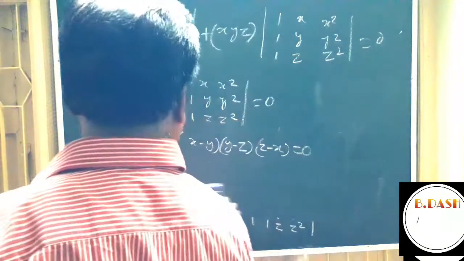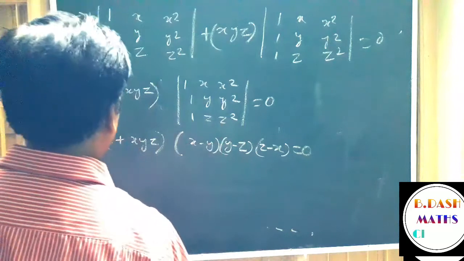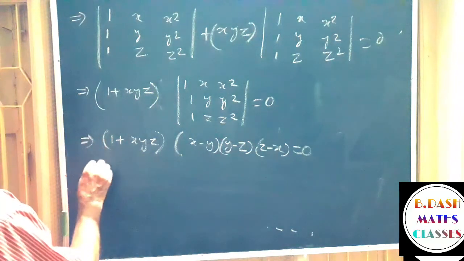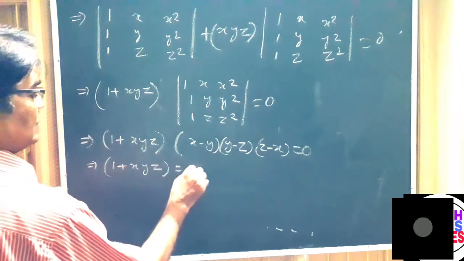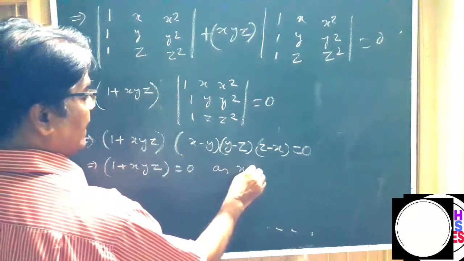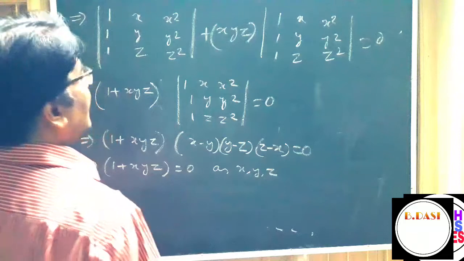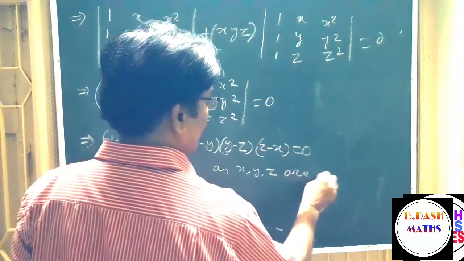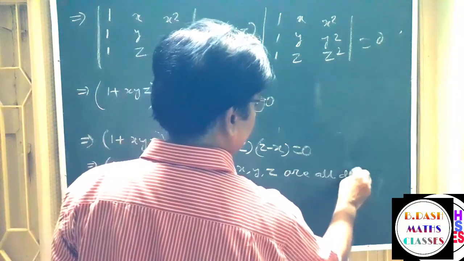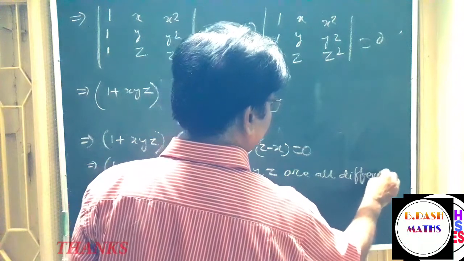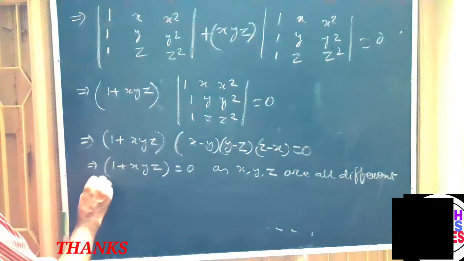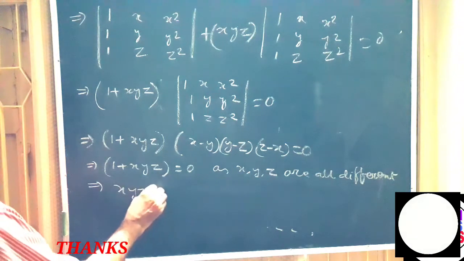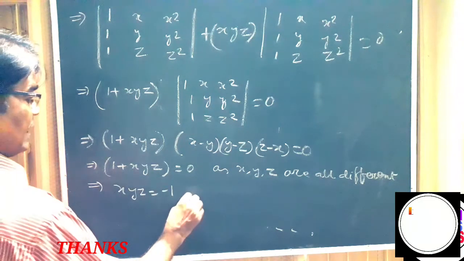So this gives us 1 plus xyz is equal to 0, as x, y, z are all different. It is given. So this implies xyz is equal to minus 1.